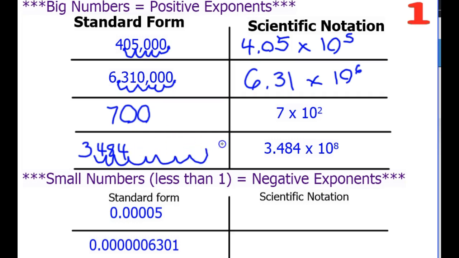Now those spots where we don't have anything, we can just fill in with a 0. So 0, 0, 0, 0, and 0. So what we have now is 348,400,000. An easier way to write that is 3.484 times 10 to the 8.